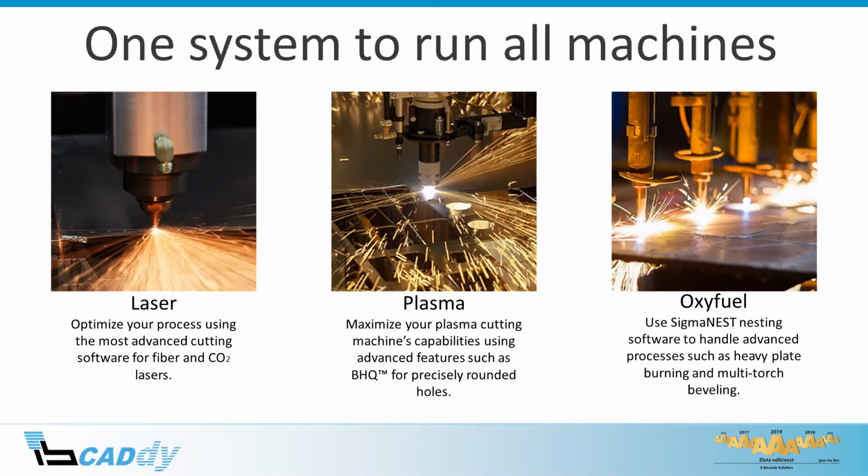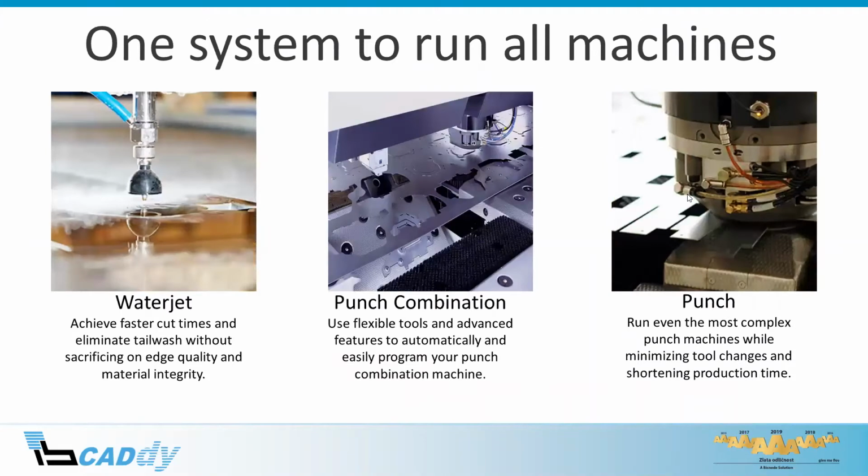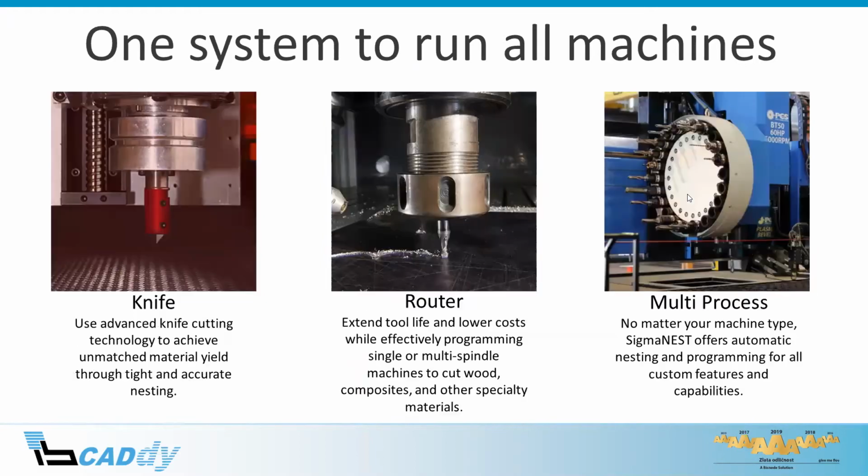Here we can see some of the machine types, such as laser, plasma, and oxygen machines. We also support programming water jet machines, punch and laser combo machines, or only punching machines, where we can take advantage of the tool start. Additionally, we also support knife machines and single or multiple spindle machines for cutting wood or composites.